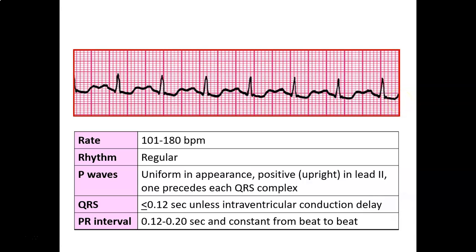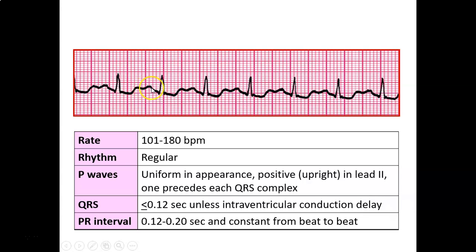Here in this rhythm strip, the rate seems to be fast. It's more than 100. So this is tachycardia. Rhythm is regular. Yes. Can you see P waves? Yes, each P wave is followed by the QRS complex, same shape. QRS duration is narrow, less than 3 small boxes.